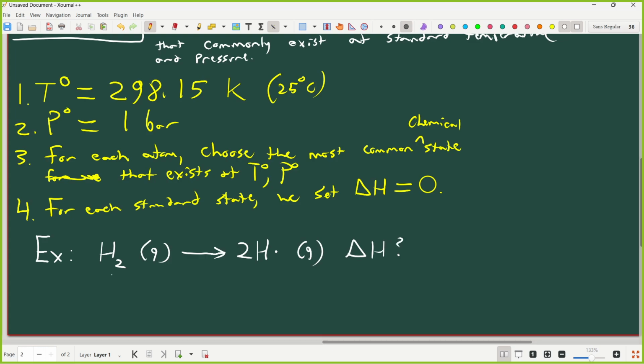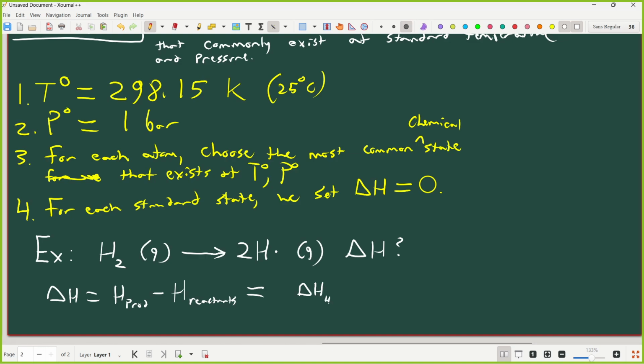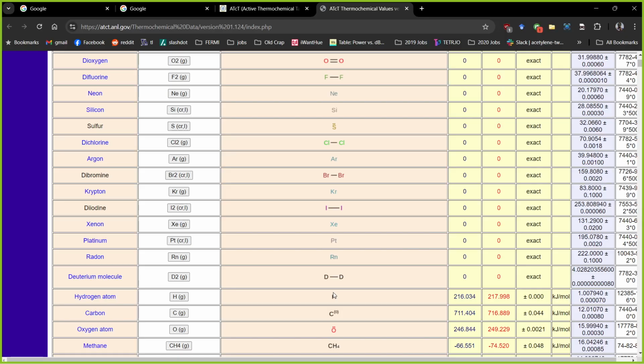Remember the way we do this: delta H is the H of the products minus the H of the reactants. The products here are going to be the enthalpy of H. If you notice, these units are in kilojoules per mole, so this number is per mole of hydrogen.